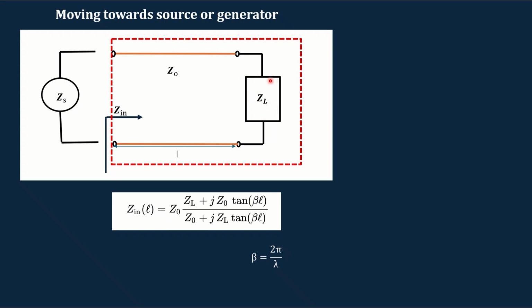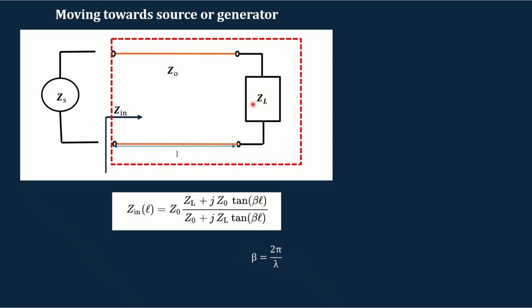In actual cases, the antenna connected through the transmission line will have an input impedance which can be given by the expression Zin = Z0 (ZL + jZ0 tan βL) / (Z0 + jZL tan βL), where Z0 is the characteristic impedance of the transmission line, L is the length of the transmission line, and β is given by the expression 2π/λ.